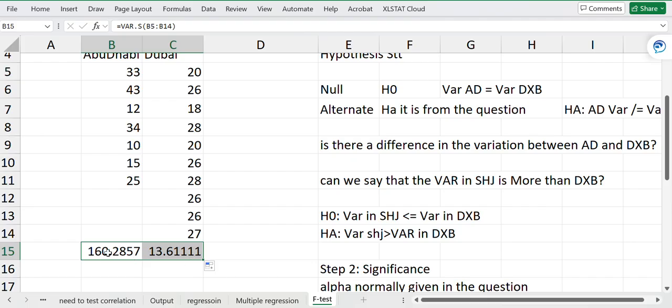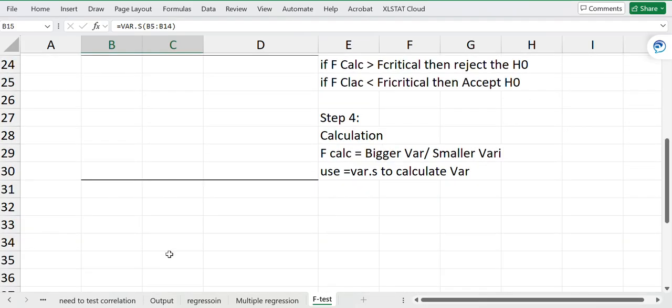So 160 is bigger than 13.6. So we should do 160 divided by 13.6. So let's go down.